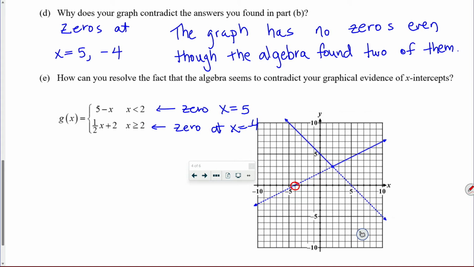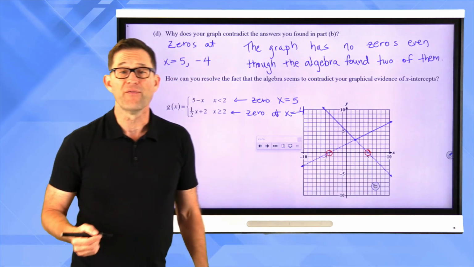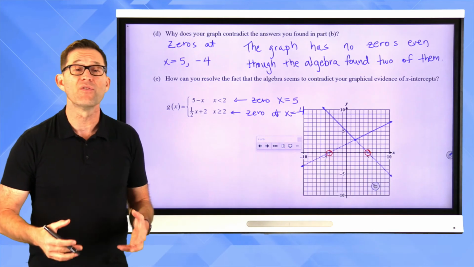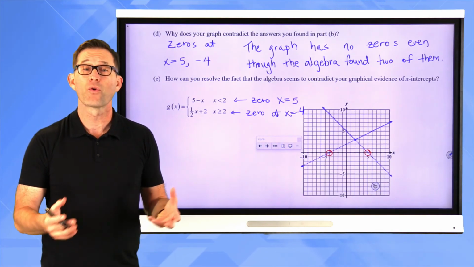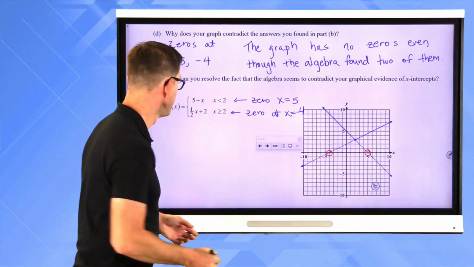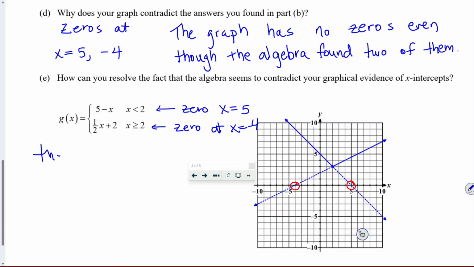Here's that 0 at x equals negative 4. Here's that 0 at x equals 5. So the zeros that we found didn't fall into the domain intervals for which the formula is applied. The zeros don't fall in the domain intervals.